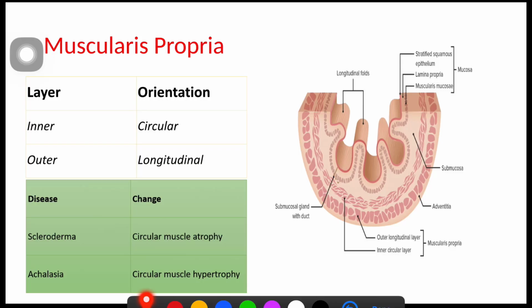The muscularis propria has two layers: an inner circular layer and an outer longitudinal layer. Disease associated with muscularis propria: whenever there is circular muscle atrophy, there is scleroderma, and when circular muscle hypertrophy is there, there is achalasia.